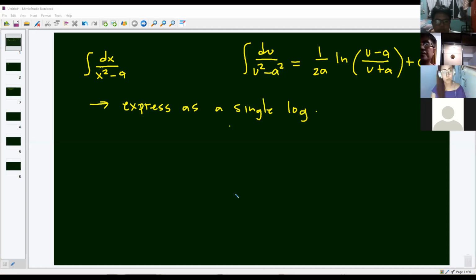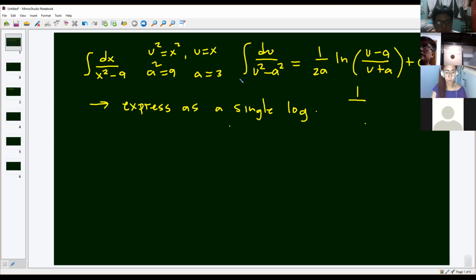So look at that. In here, obviously, u squared is x squared, a squared is 9. So you get u is x and then a is 3. So just doing the form, what you'll get is 1 over 2a.